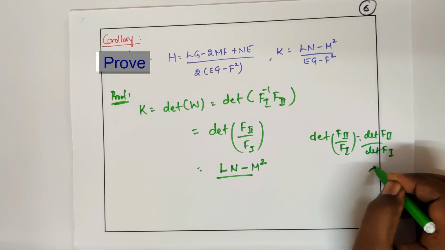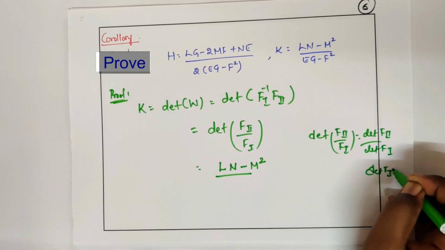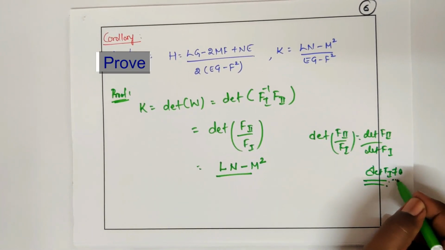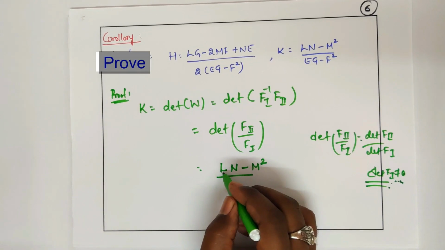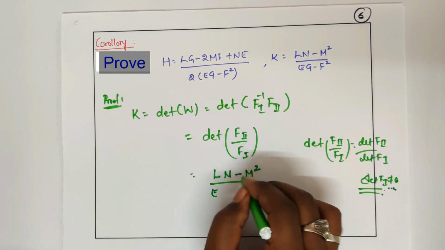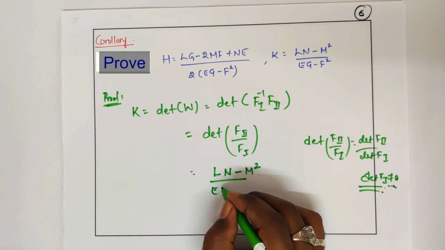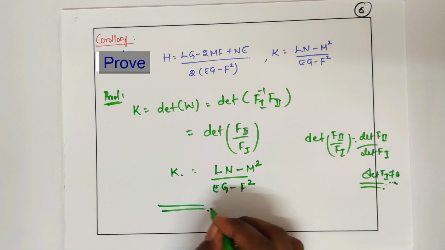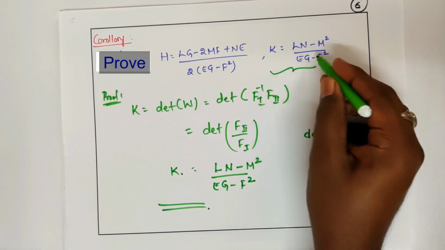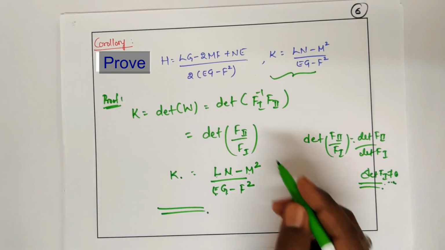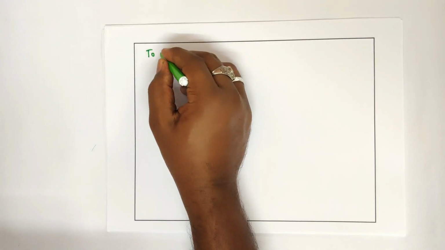Remember here our determinant of F1 is clearly not equal to 0, because for a regular surface we have already shown that this will never become equal to 0. So therefore we can clearly define this is Ln minus m square divided by, and similarly the way we define this, determinant of F1 will be Eg minus f square. So by this we have proved that the Gaussian curvature is nothing but Ln minus m square divided by Eg minus f square.